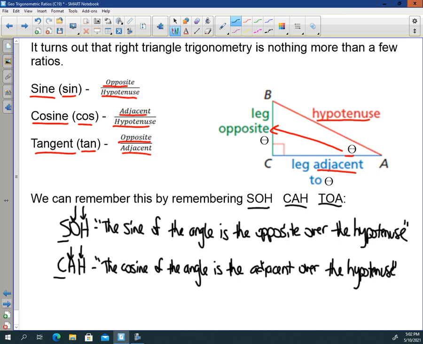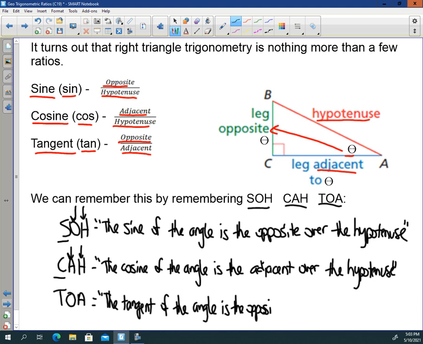And the last one, tangent, you can remember with TOA, and that is the tangent of the angle is the opposite over the adjacent.